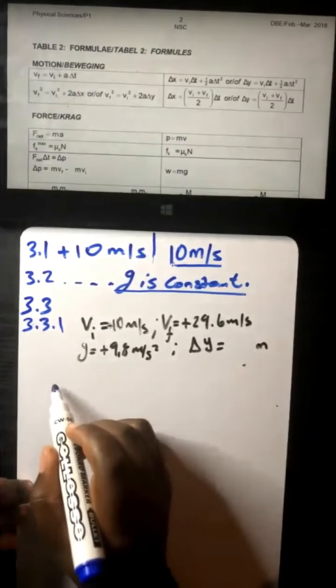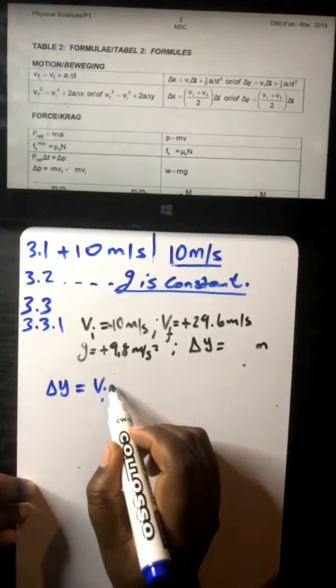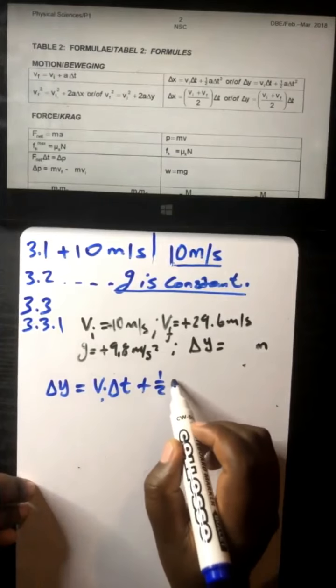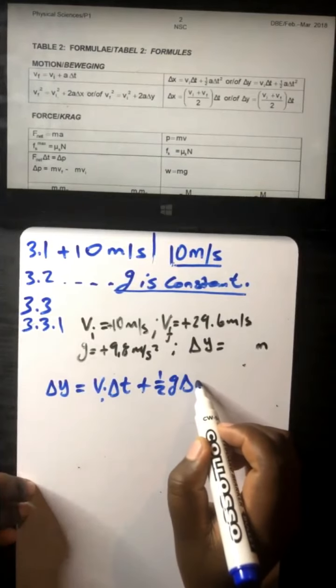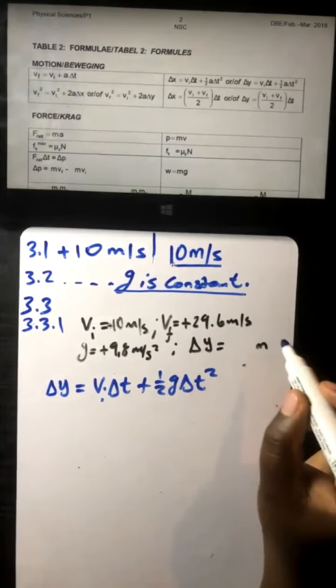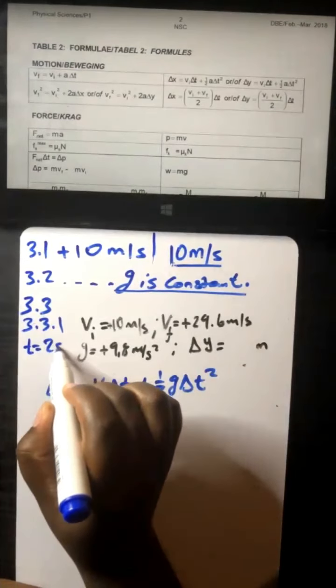We've got delta Y equals V initial delta T plus half G delta T squared. I think I can add that information to say time equals 2 seconds.